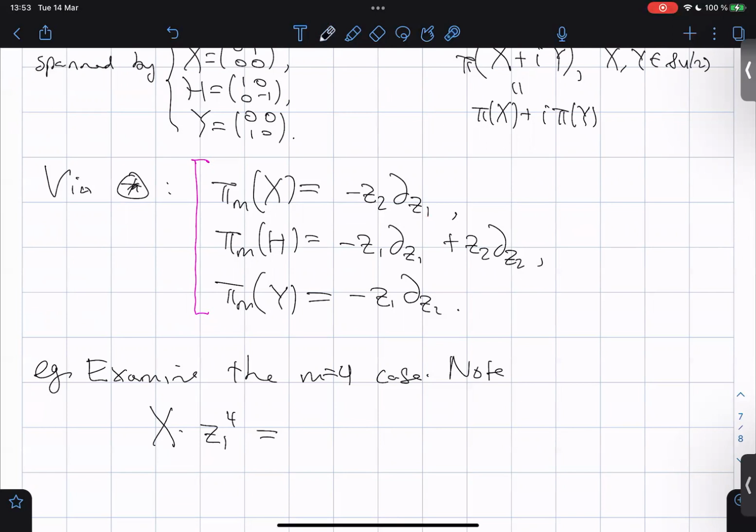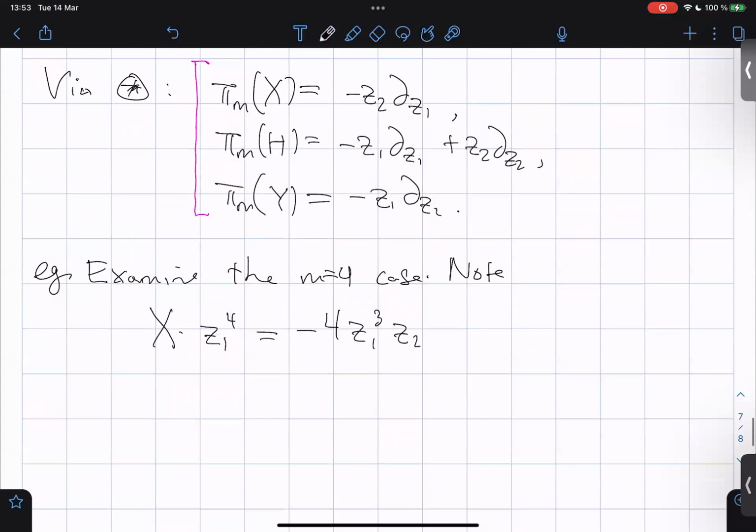What I'm going to get is minus 4 Z1 cubed Z2. I'm just directly applying this differential operator to this function. Similarly, X on this guy gives you minus 3 Z1 squared Z2 squared, etc. You can run through all these computations.